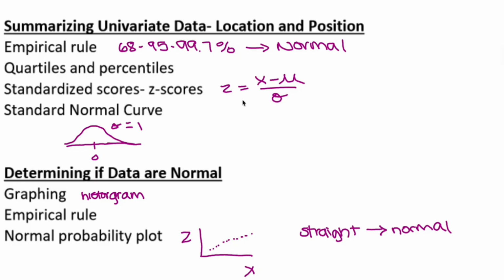And the formula for the z-score is x minus mu over sigma. So basically, the question will give you a normal curve and the mean and standard deviation for it, and it will ask you to find what percentage of that curve corresponds with what x value. So you will take that x value, put it into the formula, and get the z-score.